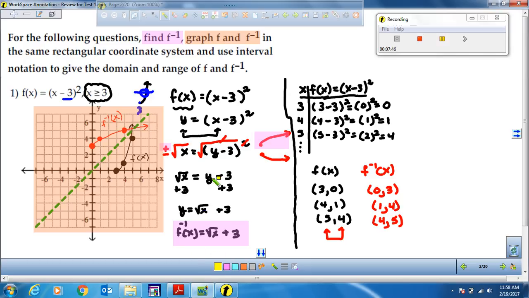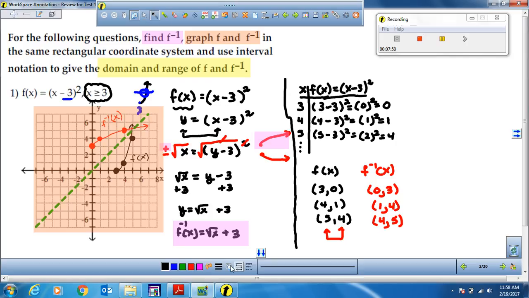Part C. Now we need to determine the domain and the range of both the function f of x and its inverse. That is the last part of this question.